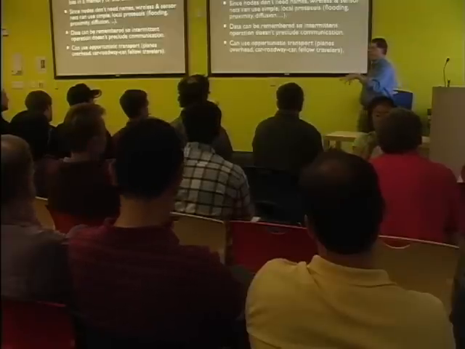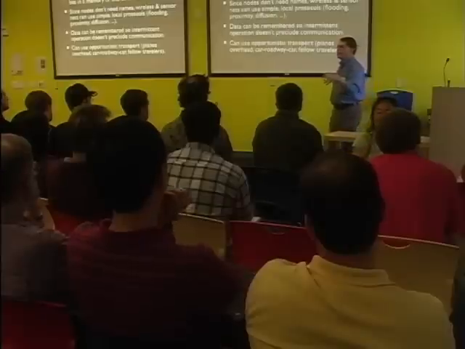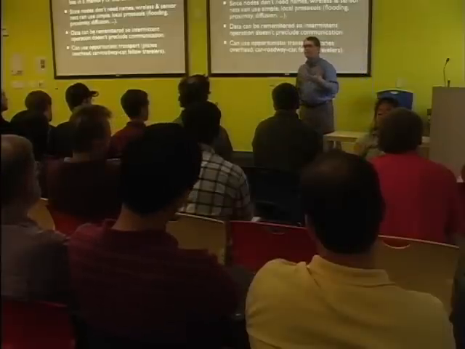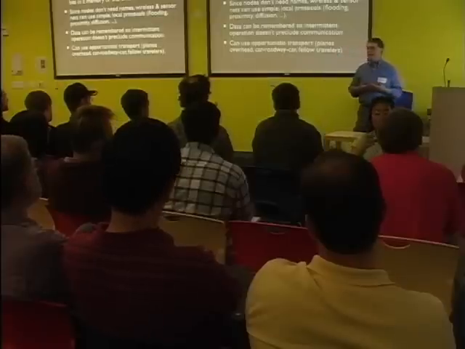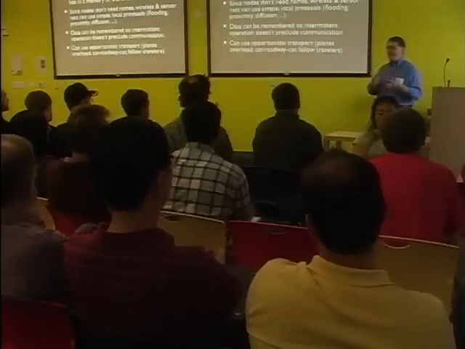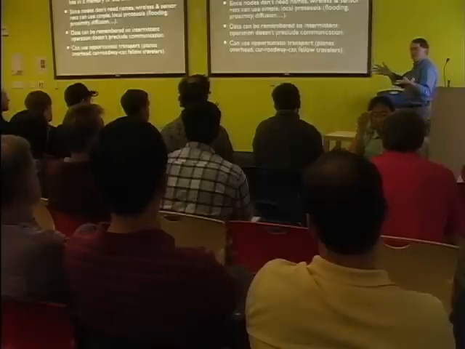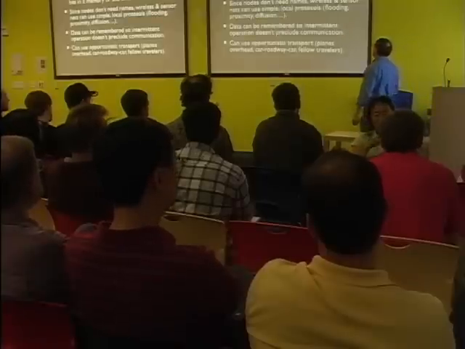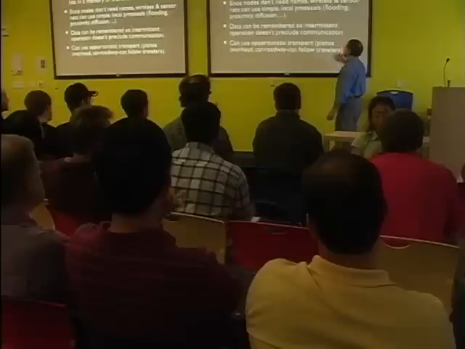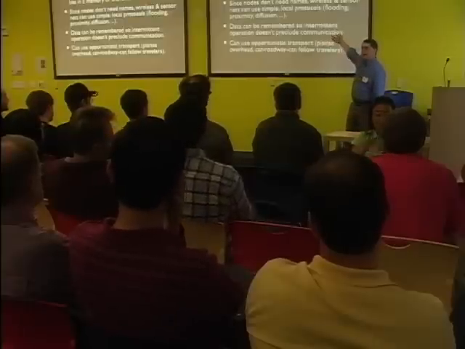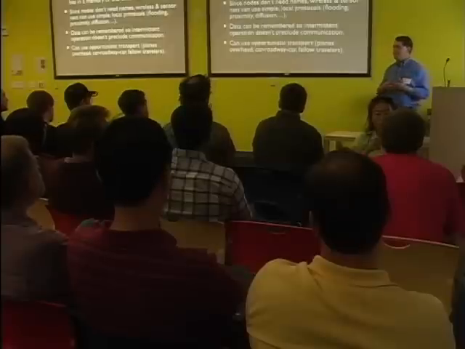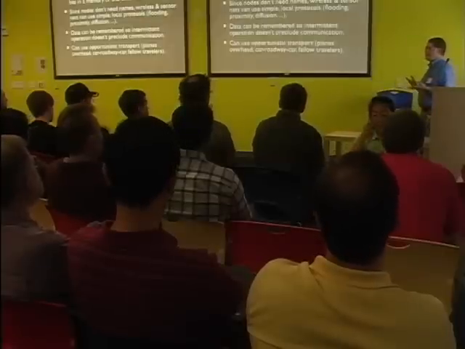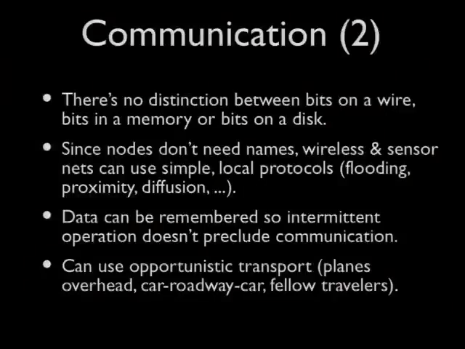If I wanted to know what the temperature in this room was, or if I wanted to know directions to the nearest espresso machine, the room could be broadcasting it to me and it wouldn't need to IP wrap it, right? It could just be information that was wrapped in MAC layer encapsulations, and I can use proximity and diffusion and very simple local protocols in order to move that information around. Because you don't care about the topology, you just care about the data.